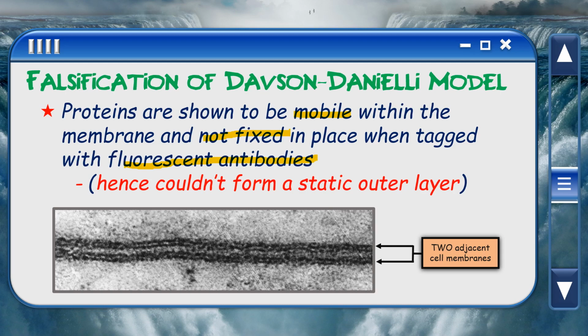They were always mobile within the membrane. Hence they could not form a static outer layer as proposed by Davson and Danielli's model.